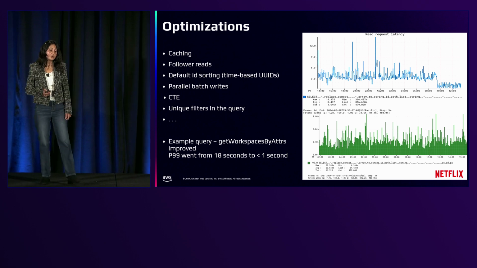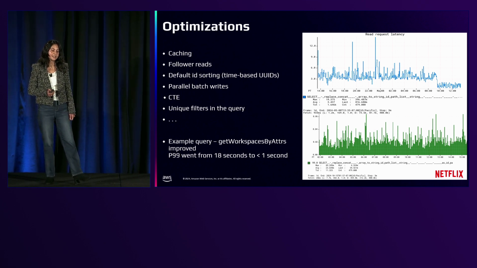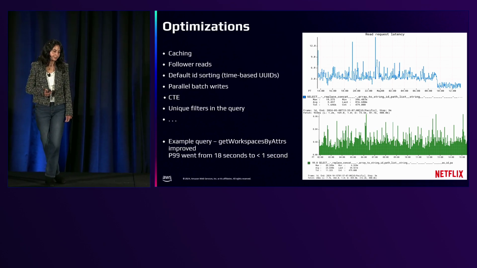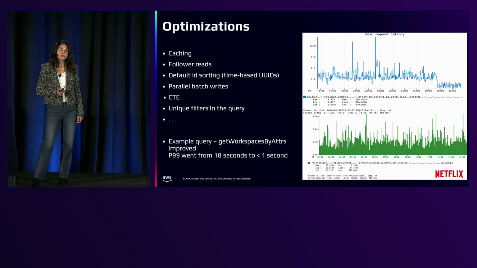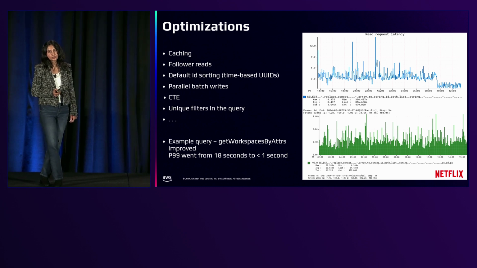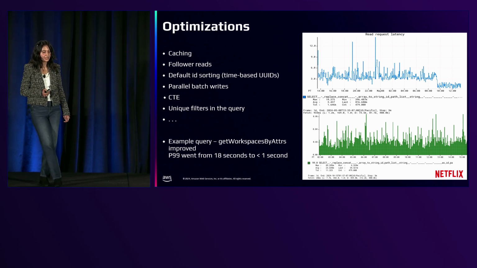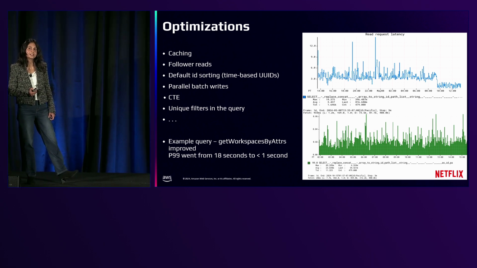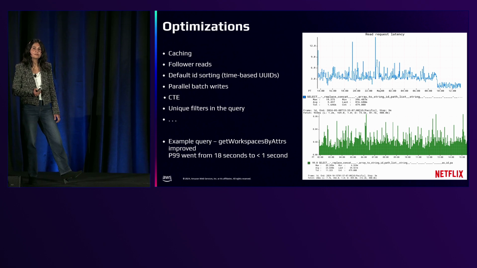And in order to make sure that we always get default ID-based sorting in our paginated queries, we use time-based UIDs for our node ID generation. We also provide concurrent batch write support for applications that need very high throughput for writes. We use common table expressions wherever we know that offloading the transactions to the DB will be more useful.